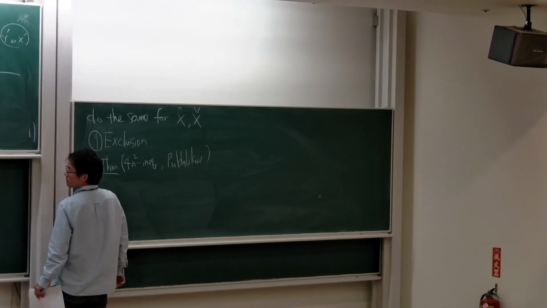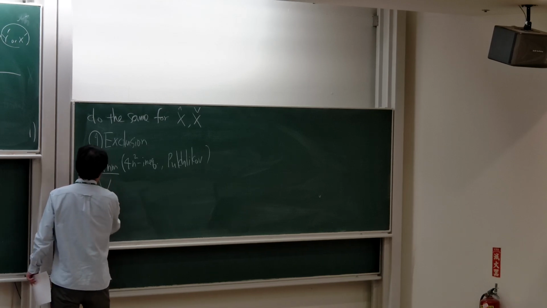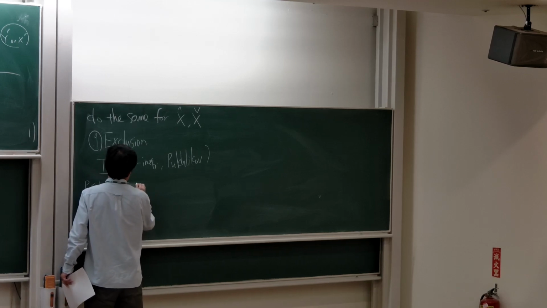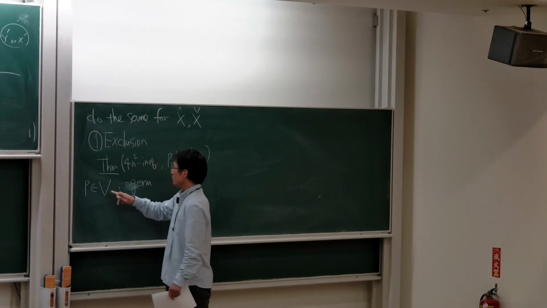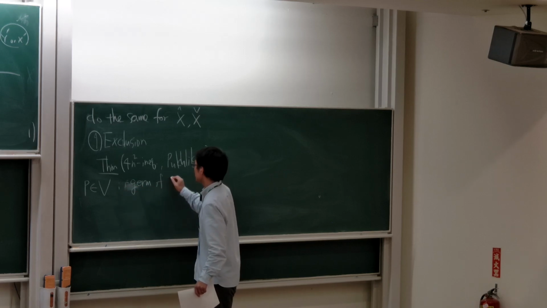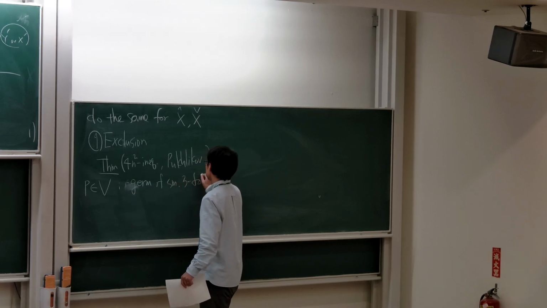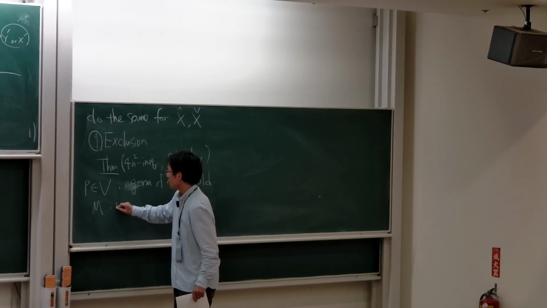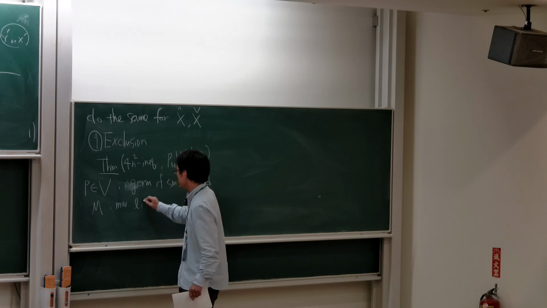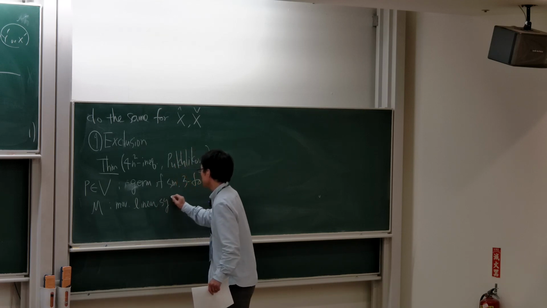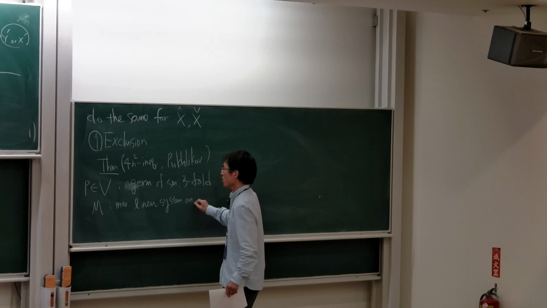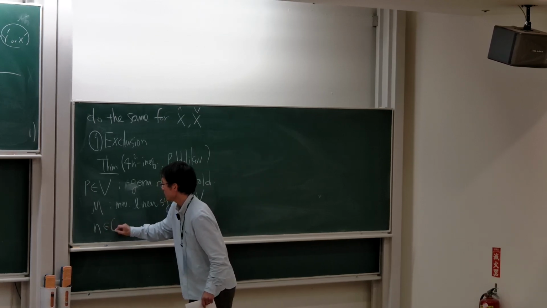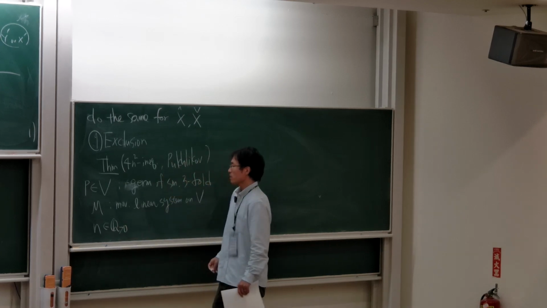Let V be a germ of a smooth threefold, and let M be a mobile, movable linear system on V, and n is any positive rational number.